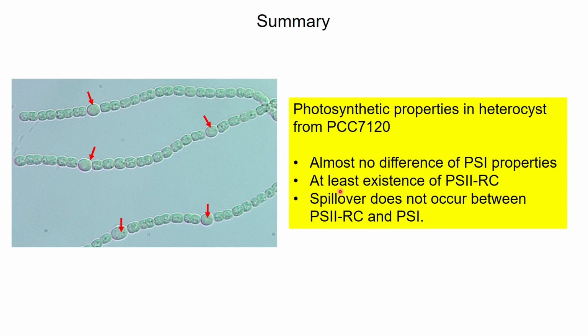And that raised the existence of PS2 RC in heterocyst. This complex was not detected by two-dimensional BN-SDS PAGE. However, this complex can be detected by fluorescence spectroscopy. And also, spillover does not occur between PS2 RC and PS1.